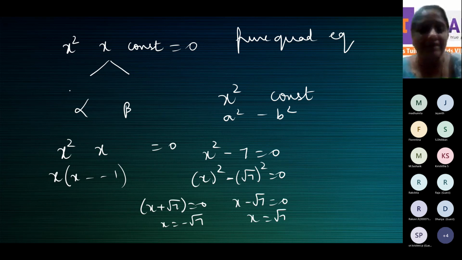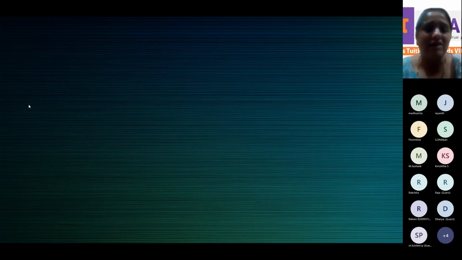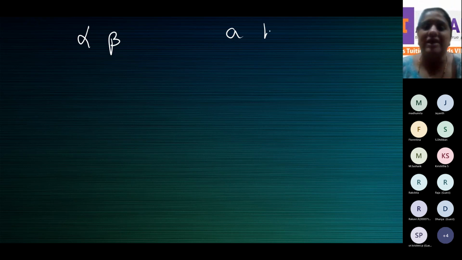So to find the values of alpha and beta, you'll have to factorize the given quadratic equation. The two zeros which you get are taken as alpha and beta. And the coefficients are already there in the quadratic equation.